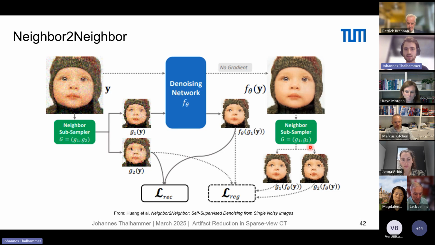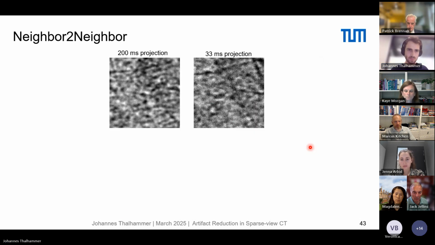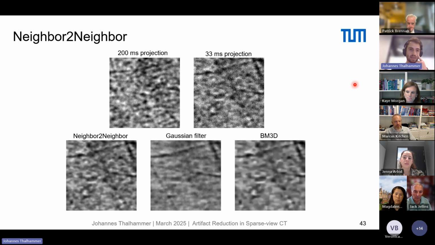And we did that and trained this framework on the measured low exposure time data. So you can see one 200 millisecond projection, one of the measured 33 millisecond projections, and here is the denoised output of the neighbor-to-neighbor approach.